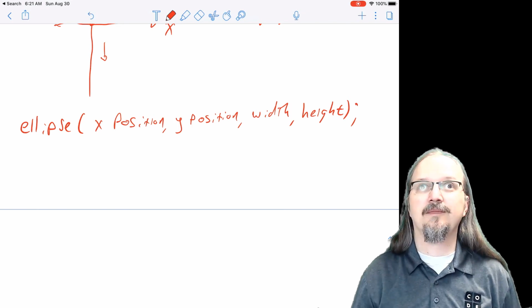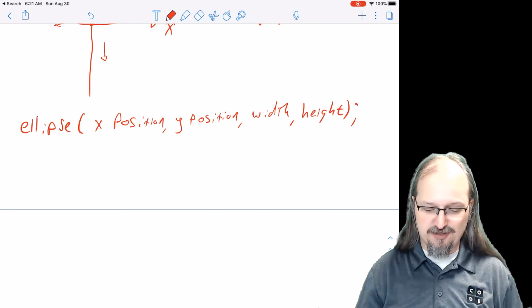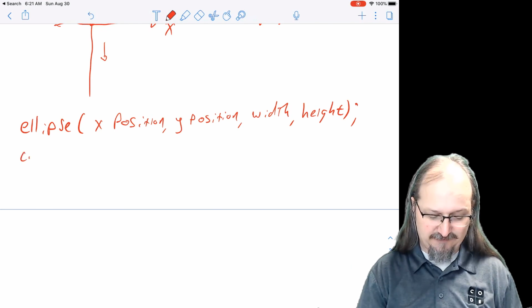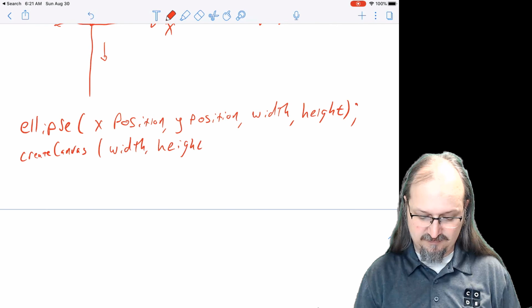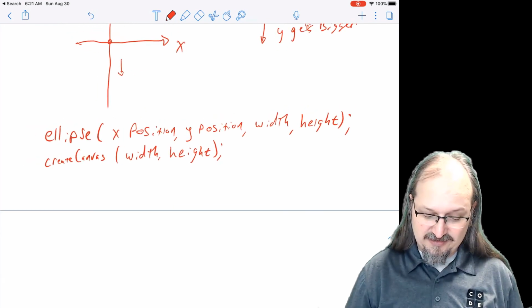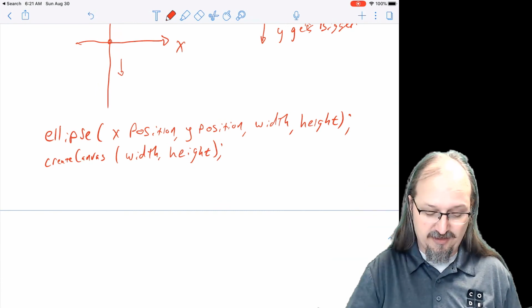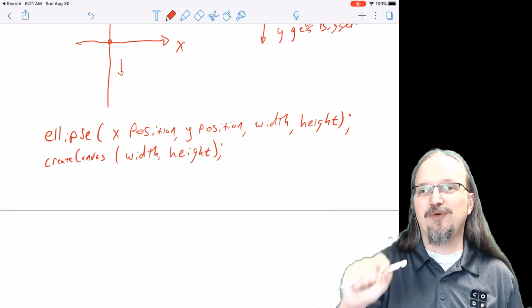Okay? So this is the plain English way to explain what each of those numbers mean. And for our createCanvas, our 2 parameters are the width of the canvas and the height of the canvas. All right, so that is what we need to know about the coordinate plane, and so we can put that ellipse anywhere we want on the screen.